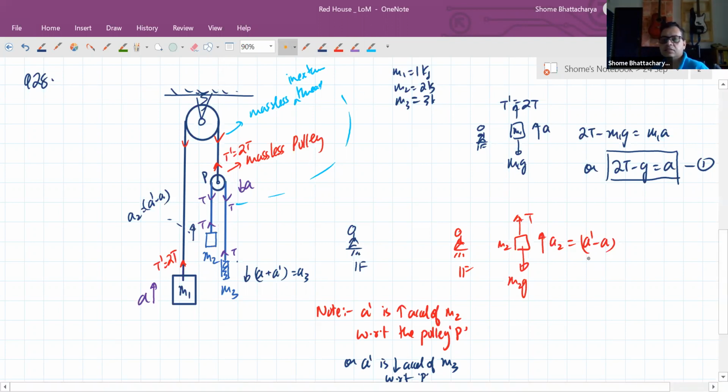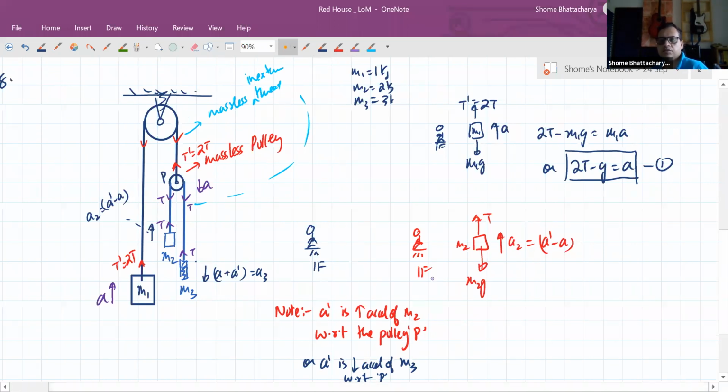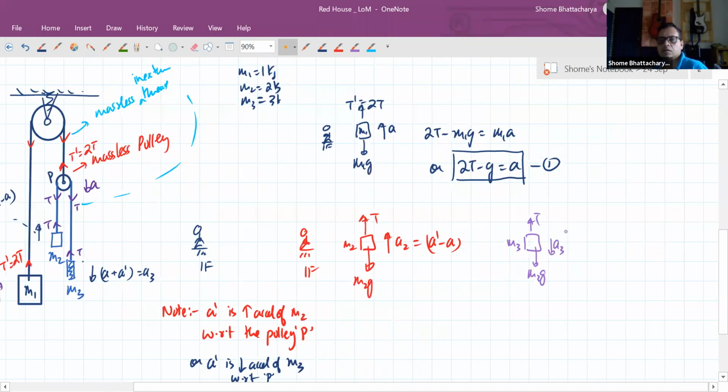So this is in inertial frame now. Similarly, if I make the FBD of M3 with respect to inertial frame again, I'll write the acceleration A3 in ground frame as A prime plus A. So this is with respect to ground.